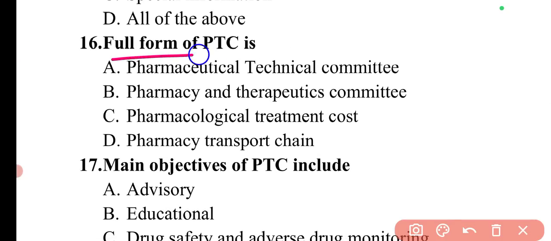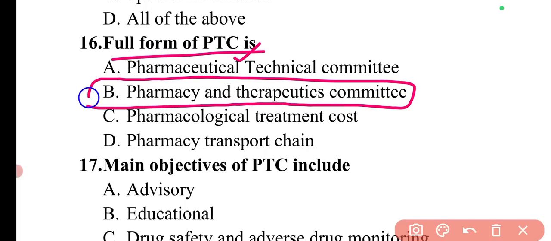Next question: full form of PTC is. Here we are discussing PTC, the Pharmacy and Therapeutic Committee. This is given in option B. So option B is correct. Basically PTC is an advisory group.